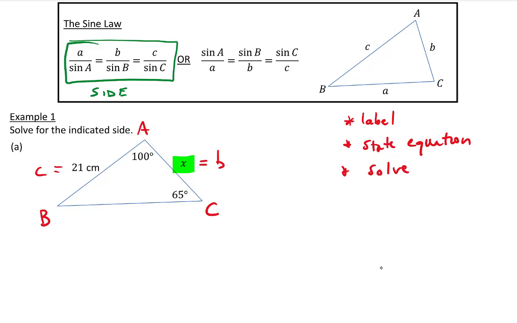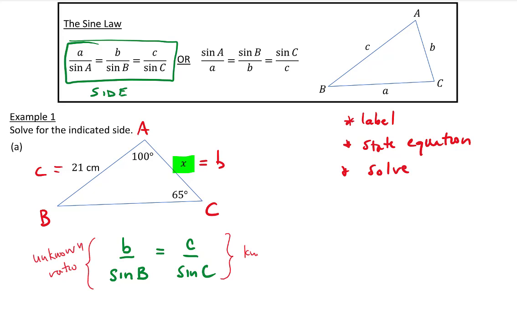I'm looking for side B, so my formula is B over sine of B. That's what I call my unknown ratio. Then I need a known ratio, a side and an angle across from each other. I have side C, which I know is 21, and I know angle C, so that's sine of C. This I call my known ratio, the things I know.